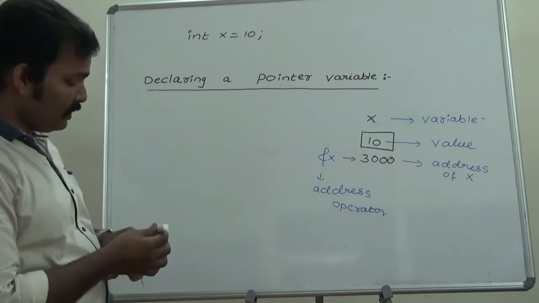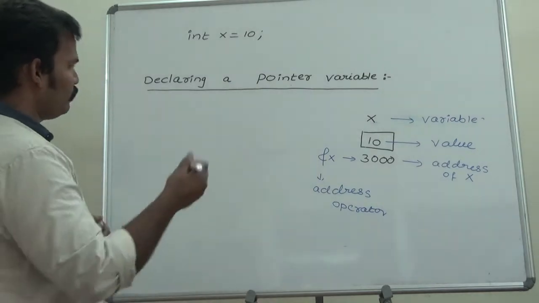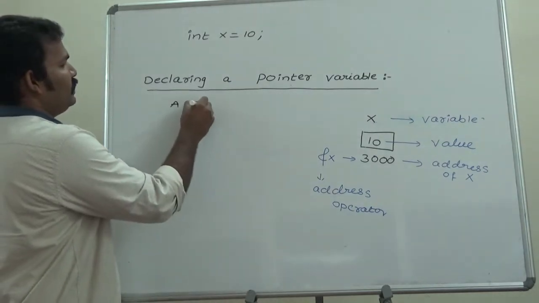Declaring a pointer variable. Here we should remember one point: a pointer variable can be declared by using the pointer operator. Here x is not a pointer variable.